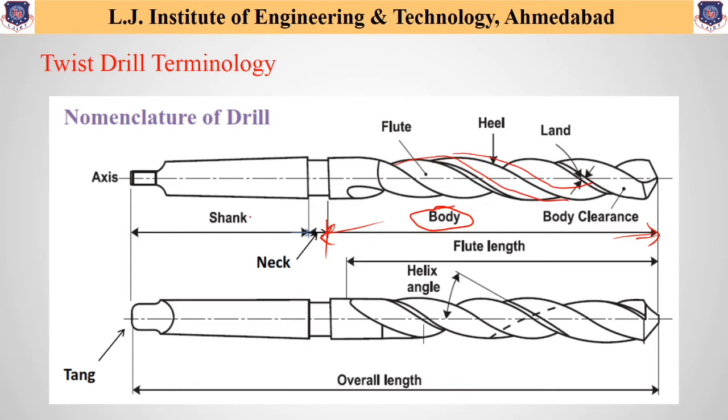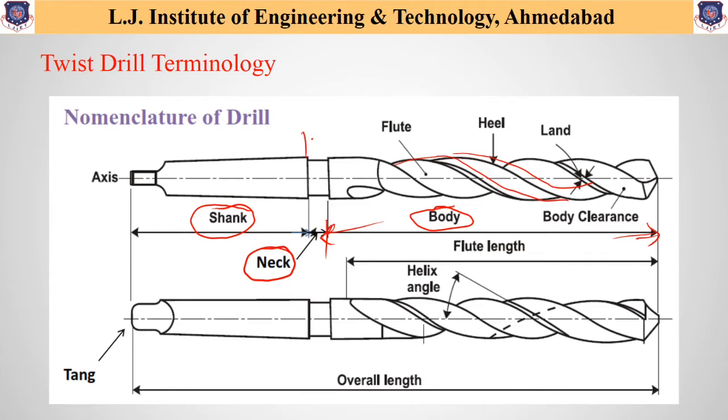Similarly, the second part is the shank, and it is the part that fits into the machine spindle or any other holding device. We have also discussed that the shank may be tapered or straight. Now the third part is the neck.